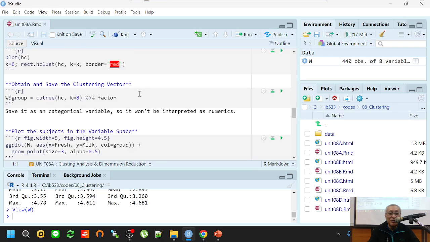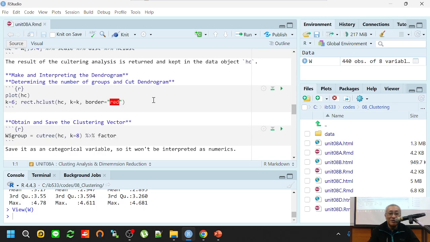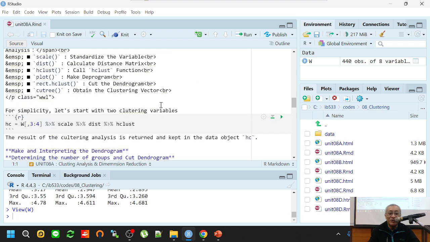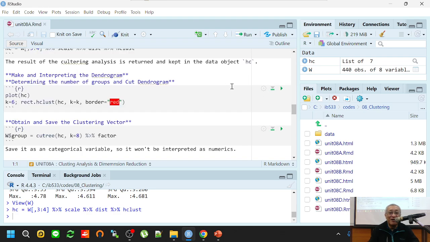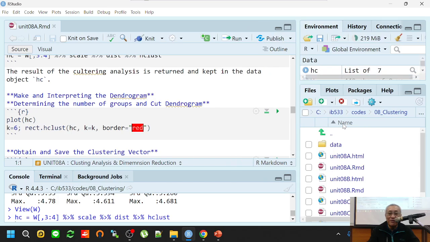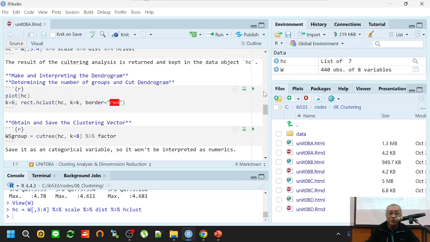Now, after we do this, we will have a hierarchical clustering data object. And if you plot this data object, say we plot it, I will have a so-called dendrogram.